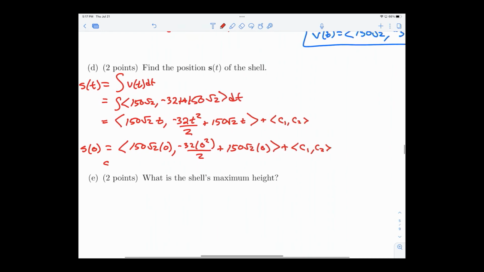This entire vector just zeroes out because everything had a t, so s of 0 is just C1, C2.